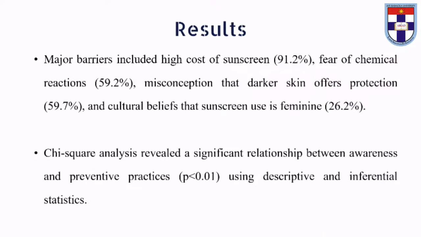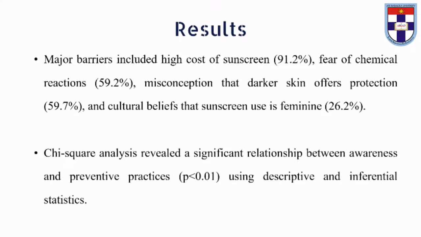And the major barriers were the high cost of sunscreen, which is 91.2%, fear of chemical reactions, the misconception that darker skin offers protection, and the cultural belief that sunscreen is feminine. Most of the male respondents picked this.